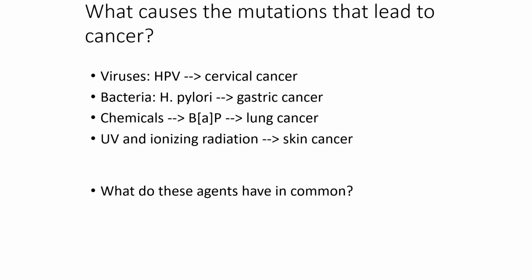We also have radiation, ultraviolet and ionizing, for skin cancer. So again, we can get cancer from many exposures and different sources. Low-dose radiation used for medical imaging is unlikely to be a large cause of cancer.